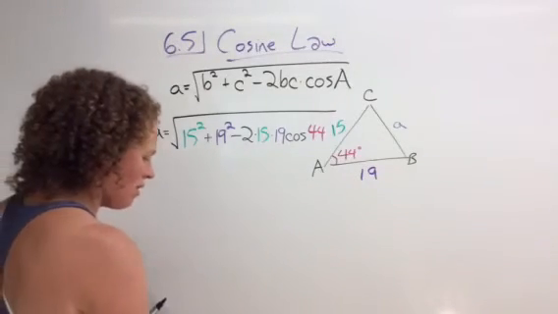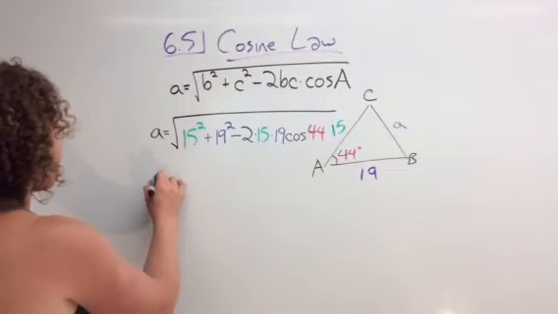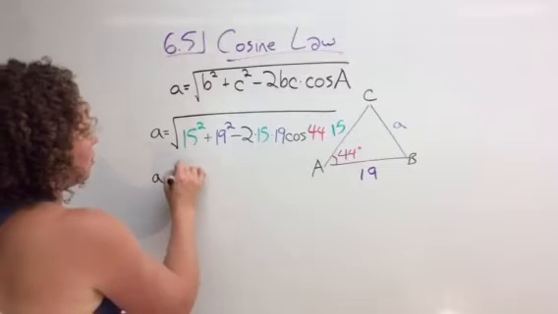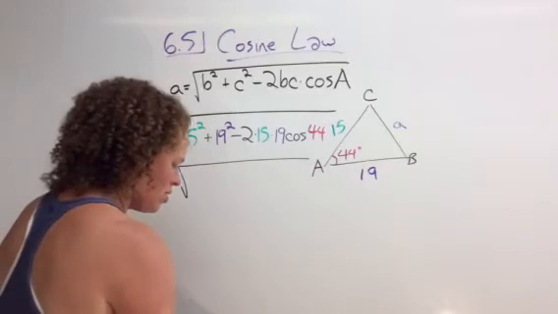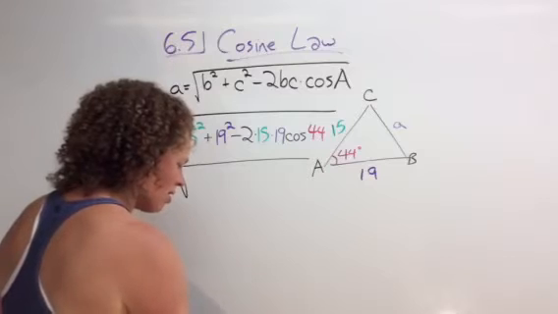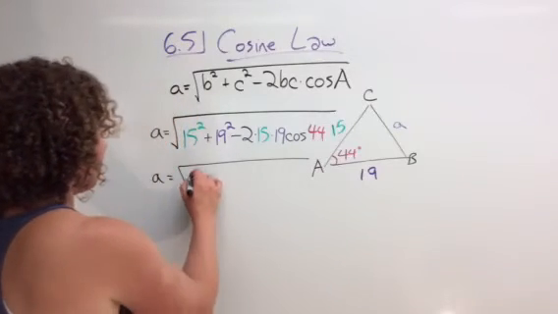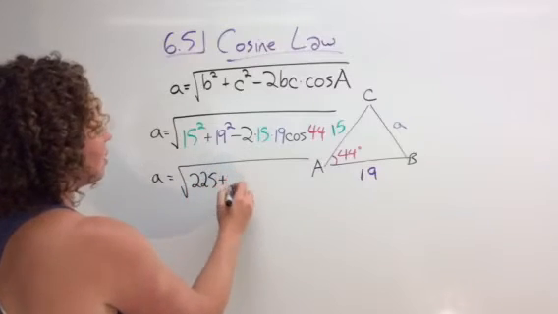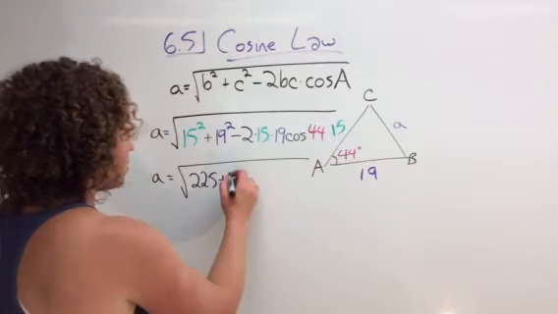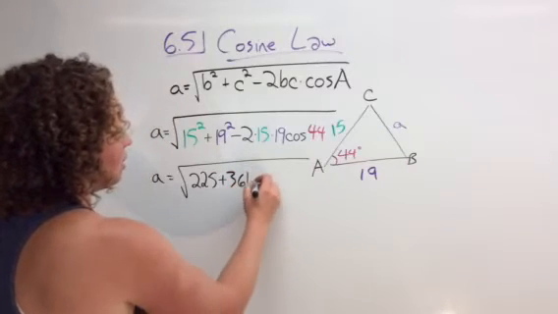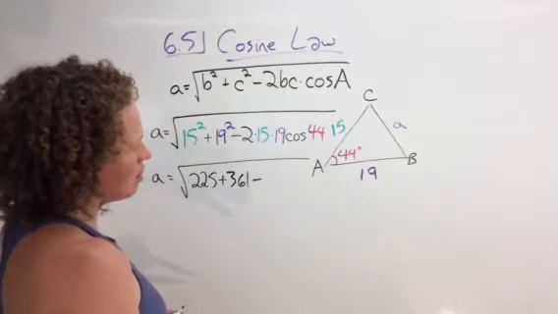We can solve that. 15 squared, I think, is 225 if I'm not mistaken. But you probably won't have those memorized because you're not a math teacher. But let's just check and make sure that I'm not going to embarrass myself here. 15 squared equals 225. Yay! So now I got my 225. Then I go 19 squared equals 361 minus, and here's where it gets a little bit trickier with your calculator.